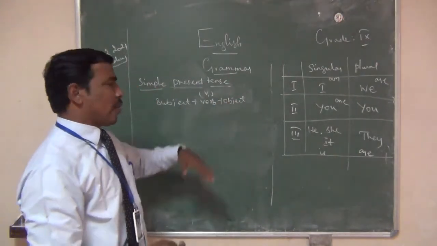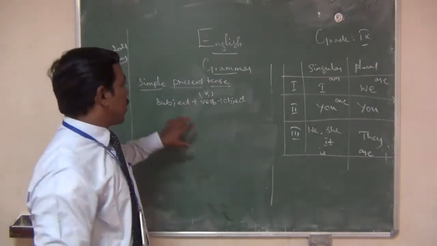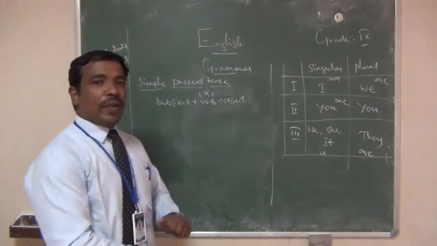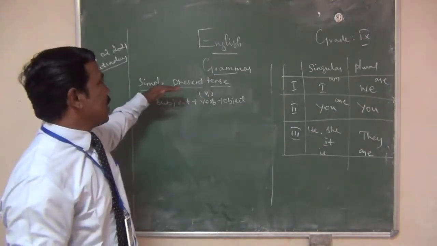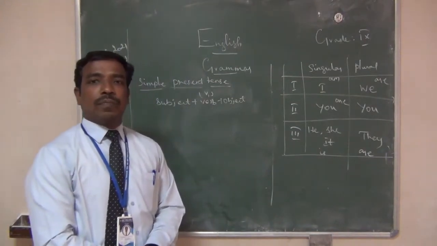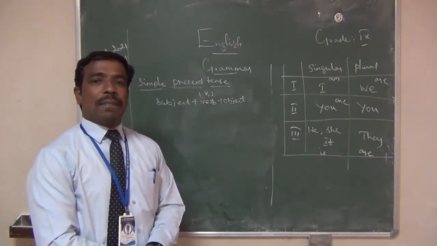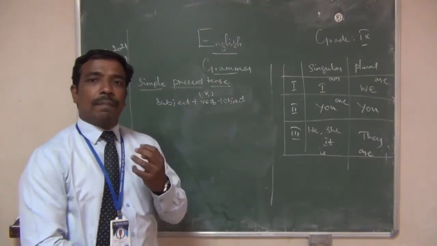For example, subject, verb and object if the verb is transitive. Subject, V1 means base form of verb, plus object. This is the structure of simple present tense. If he writes a letter, he brings the book, that means it is simple present tense. Subject, base form of verb plus object.